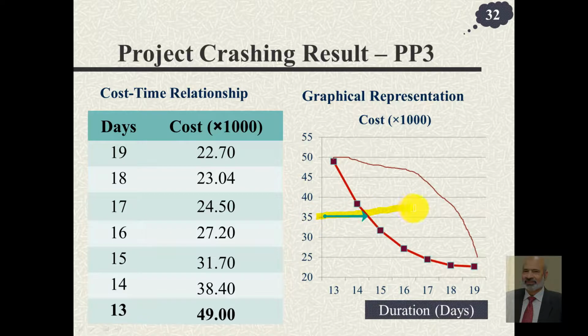We cannot pay more than that. So knowing this, you can straight away say that let's go for reduction up to 15 days, because that would cost us something here, and the associated cost will be less than 35 that you have.